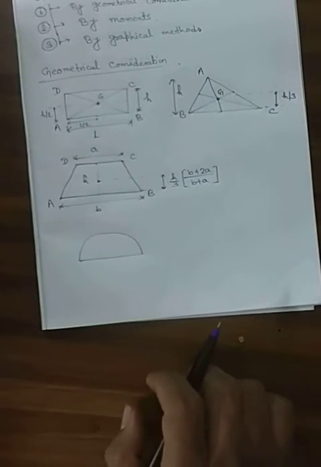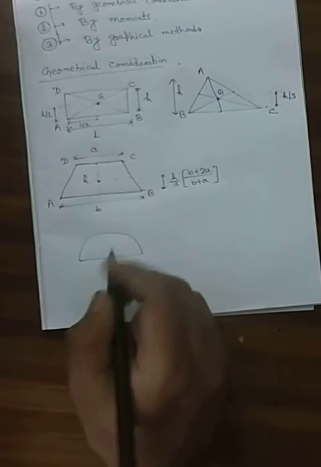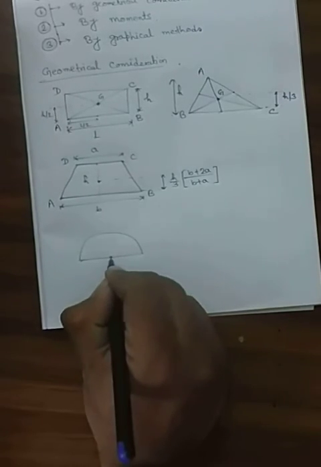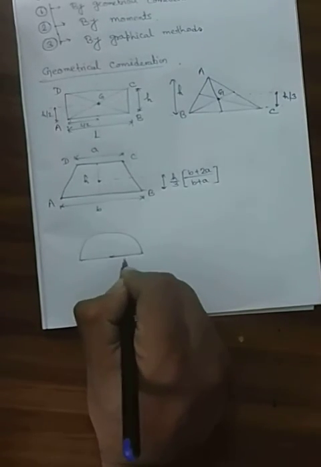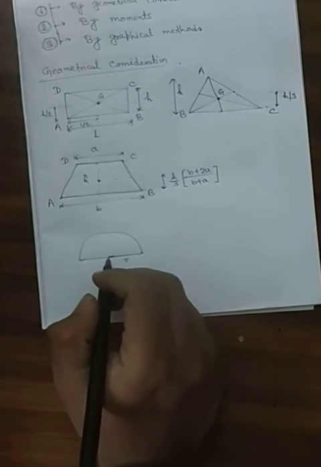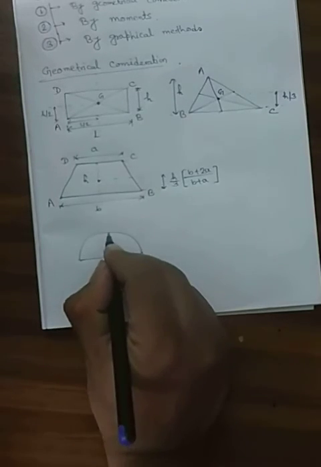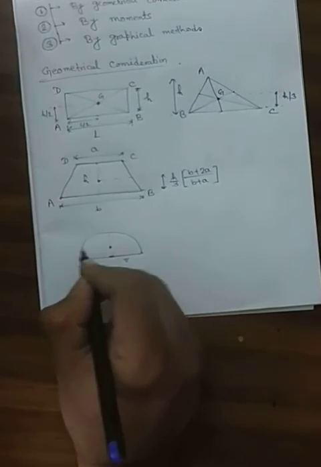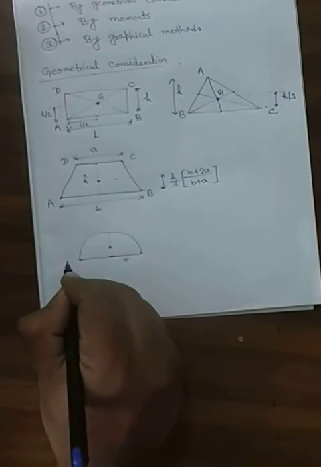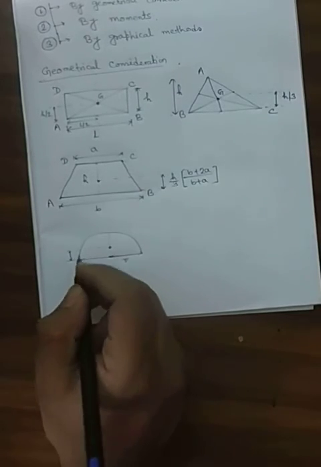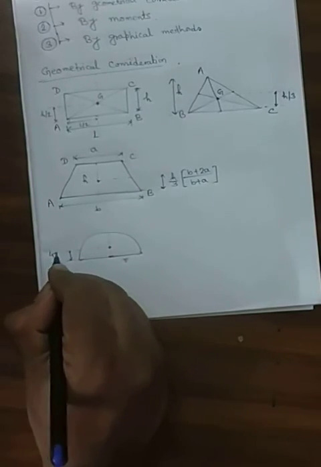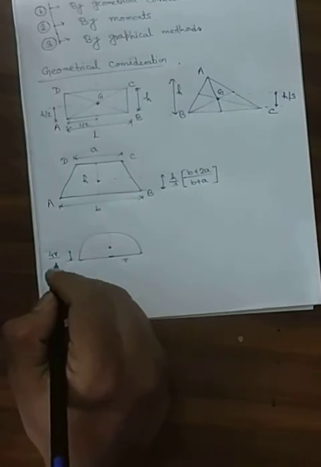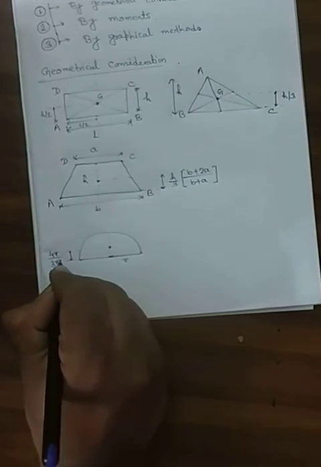I am taking the radius of the semicircle as R. So this distance is R, and the centroid will be at this point, and the height of this point will be 4R divided by 3 pi.